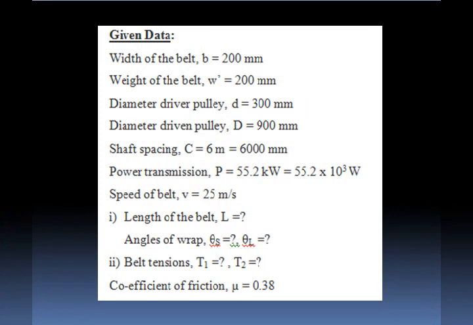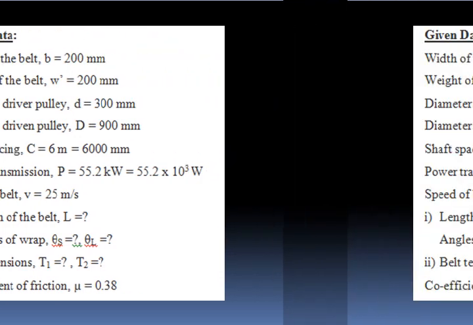The belt is connected to a 300 mm diameter pulley and a 900 mm diameter driven pulley. Here one is the driver, another is the driven. The driver pulley's diameter is 300 mm and the driven pulley is 900 mm. So the diameter of the driver pulley can be considered as small letter d and the diameter of the driven pulley as capital D. So small d is equal to 300 and capital D is equal to 900 mm.